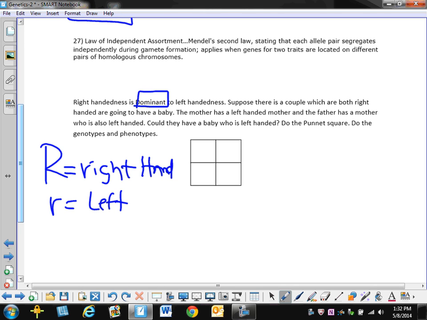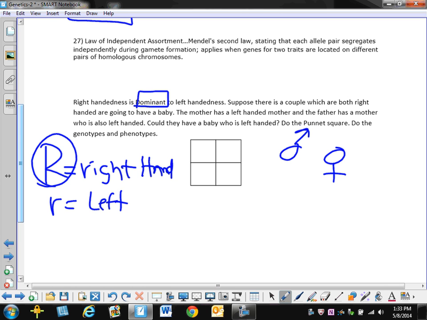Suppose there's a couple which are both right-handed. We have a male and a female. They're both right-handed. What are our genotypes that could go with both of these? If they're right-handed, what do they have to have? A big R, right?